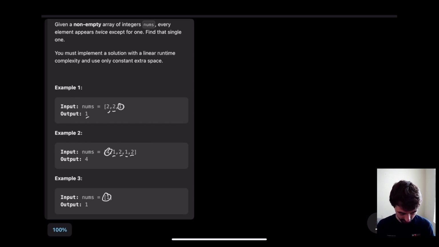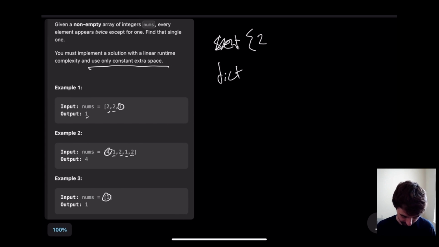And what makes this tricky is actually what I just read in the instructions, which is that you can only use constant extra space. Because what I would do here, if this were any other problem, is I would probably just make a set, and I would add numbers to it as I went along. So I would add a 2. Actually, it would be better for it to be a dict, so we can keep track of the counts of the values.